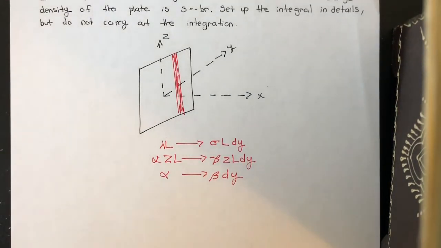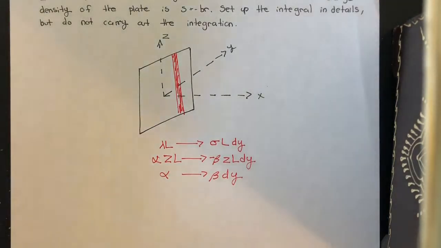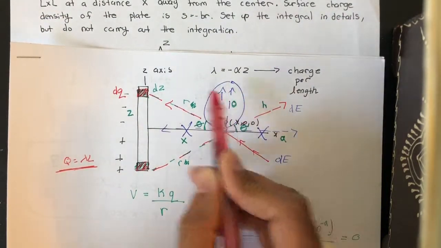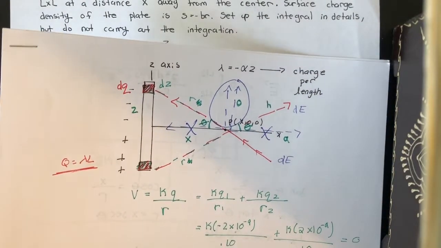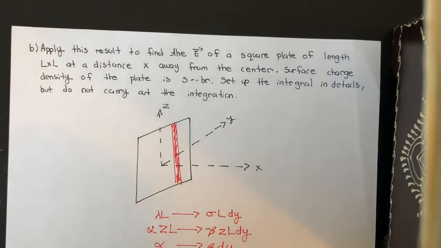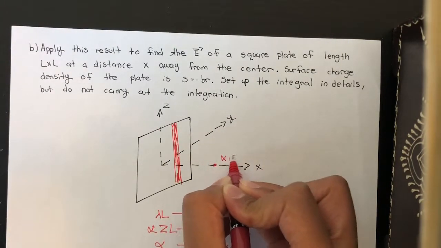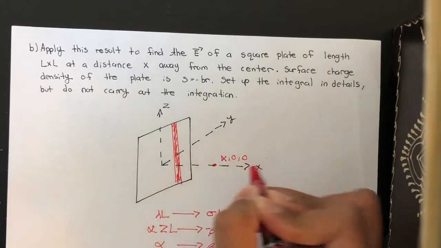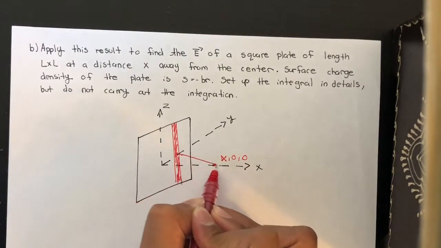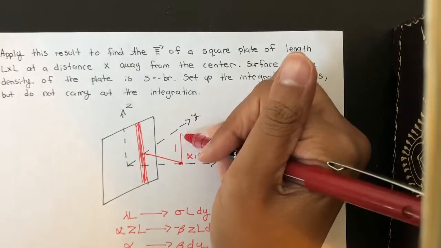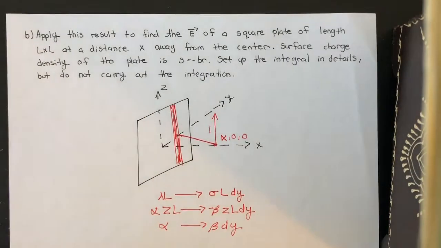Okay. Now we need to find the direction. So from our result in part A, the electric field added in the z direction. So when we apply this to the plate and our point of interest, which is x, 0, 0, the electric field would also be adding in the z direction.